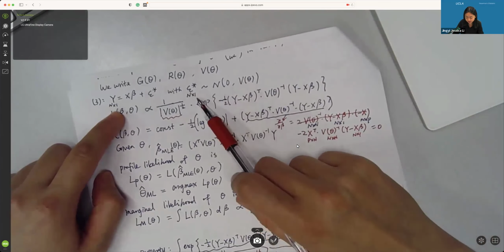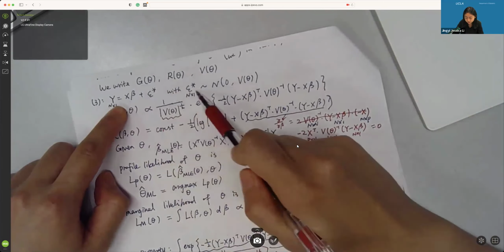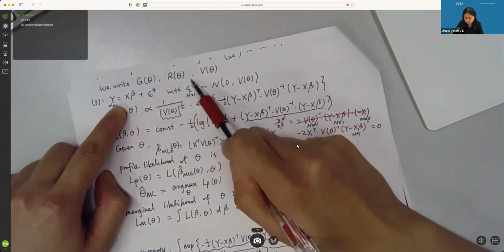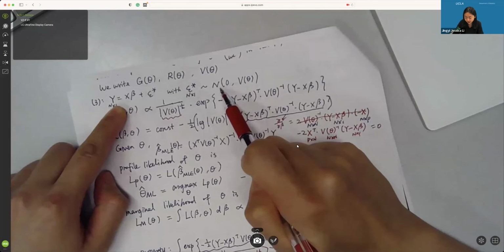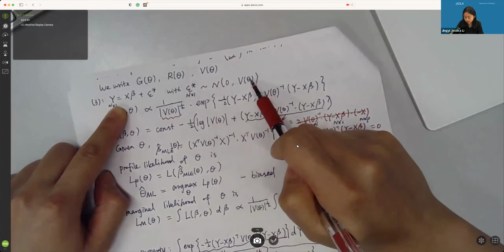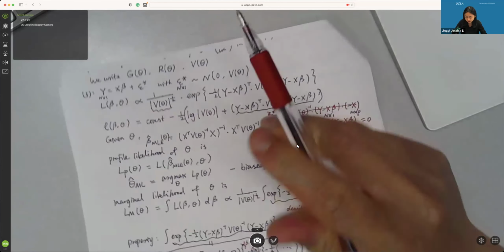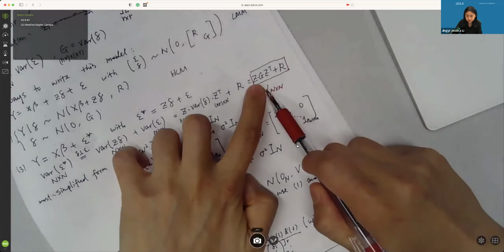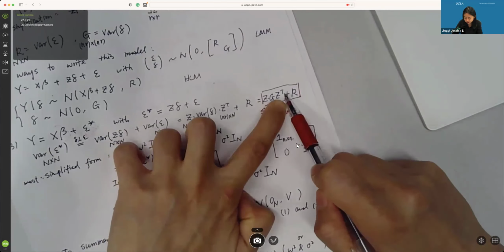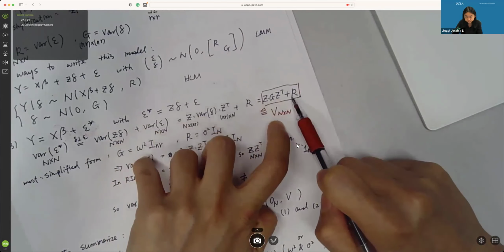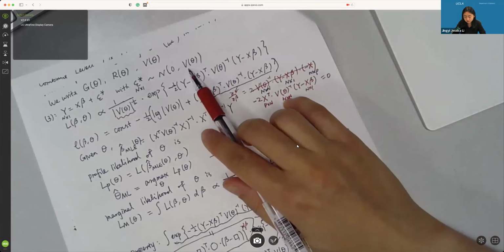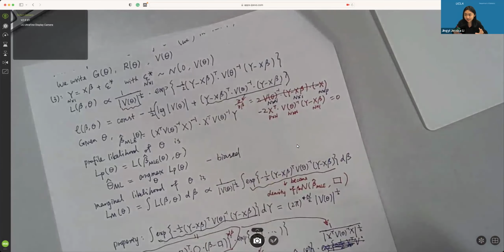I can basically say this is my model, but this error vector is following an n-dimensional Gaussian distribution with a covariance matrix written as V. So V is this V. V is Z times G times Z transpose plus R. So why do we have this V written as a function of theta? Here, theta are just all the parameters we need to estimate. So V is just a general term.